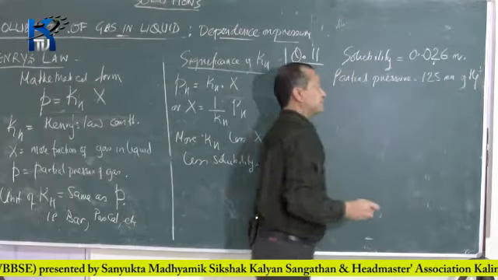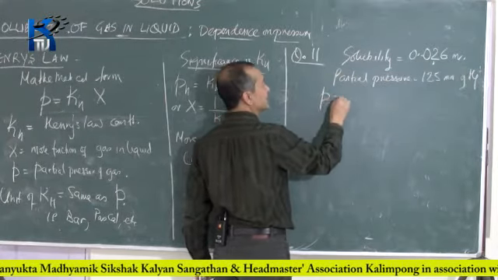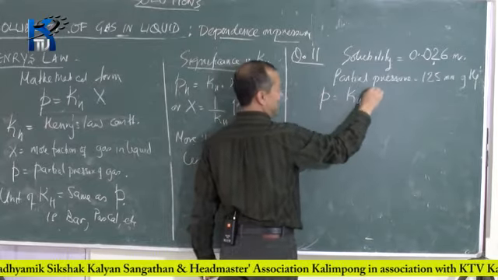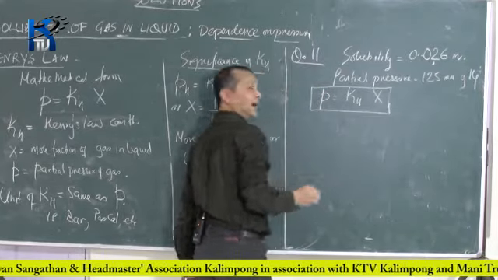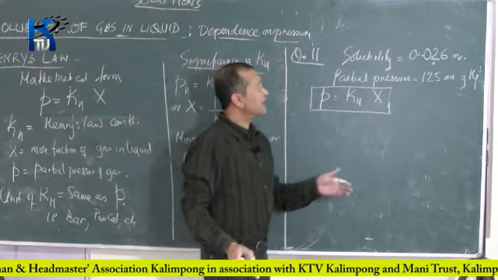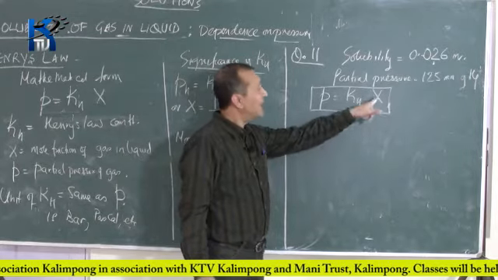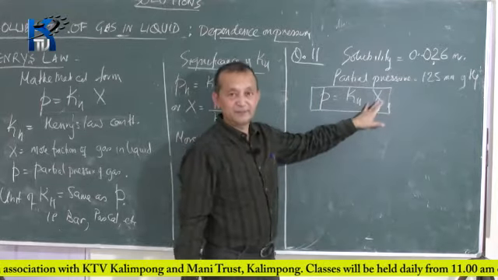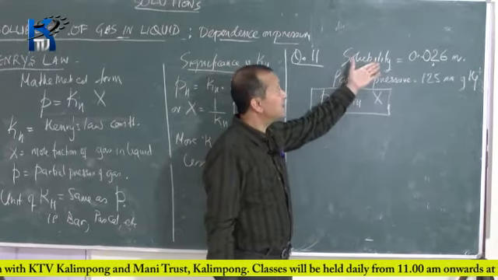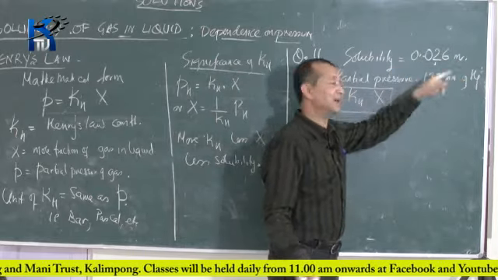The expression that we use is the Henry's law expression, P is equal to K_H into X. The question is to find K_H, but X is not given. X is the mole fraction, but the solubility is expressed in another unit, molal.